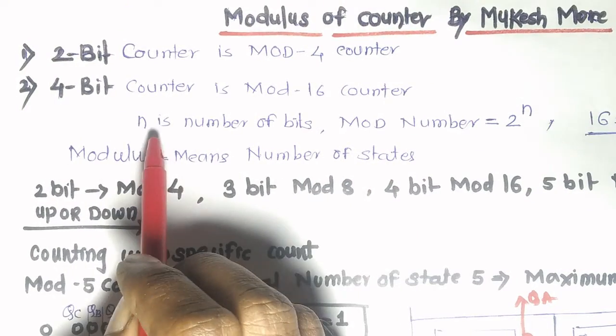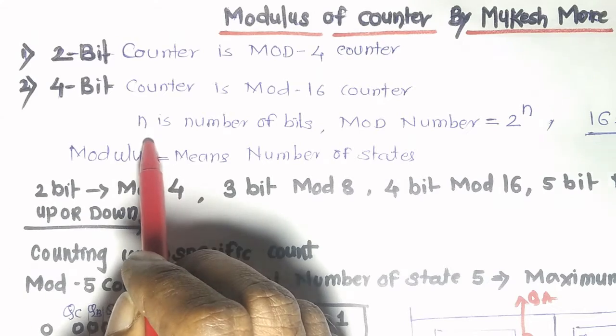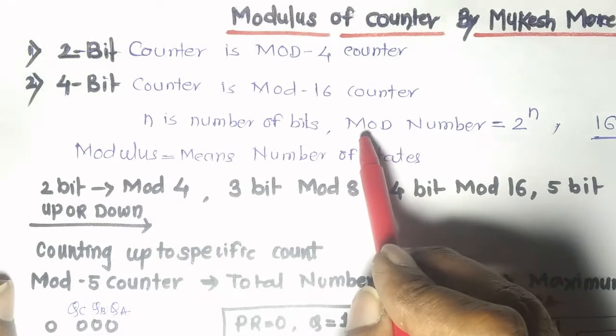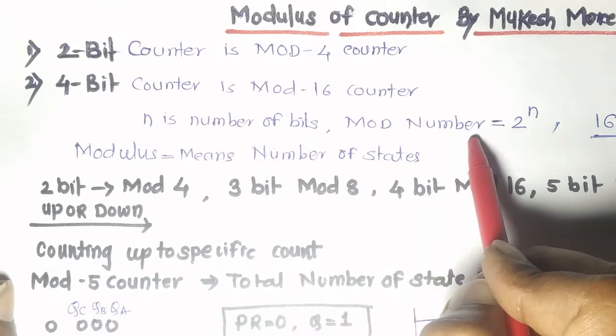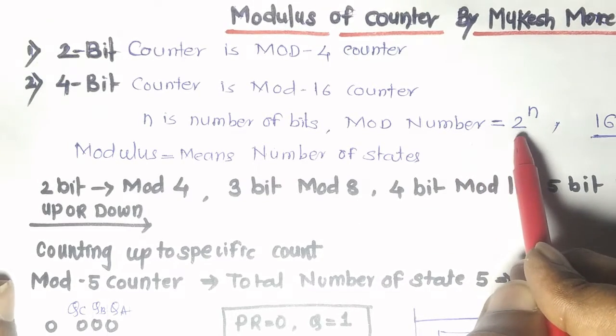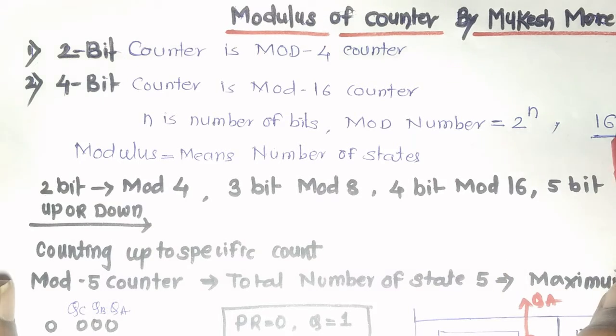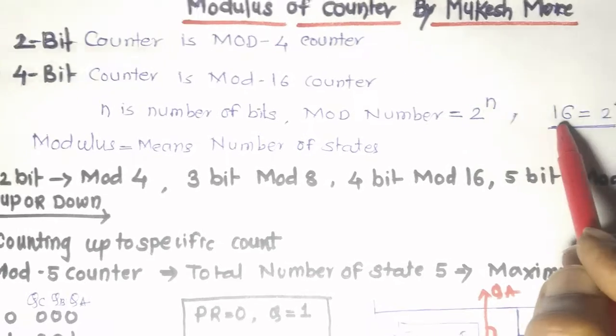Now you can see that n is the number of bits. To calculate the mod number, the equation is 2 to the power n. For example, if we have mod number 16, this counter will count 16 states.